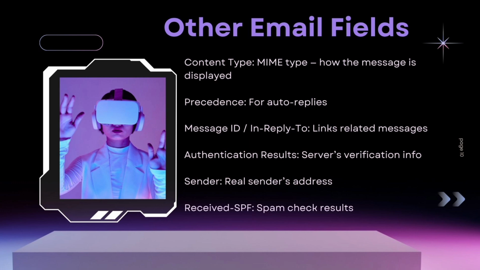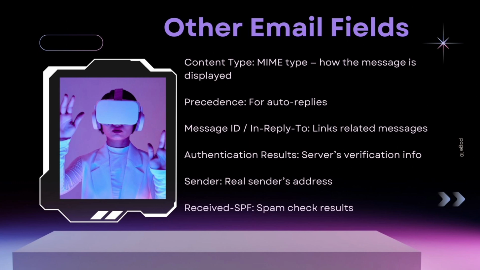There are several other technical fields in an email such as content type, precedence, message ID, authentication results, sender and received SPF. Content type describes how the message should be displayed, usually a MIME type.